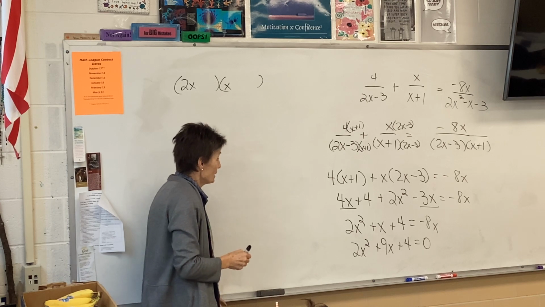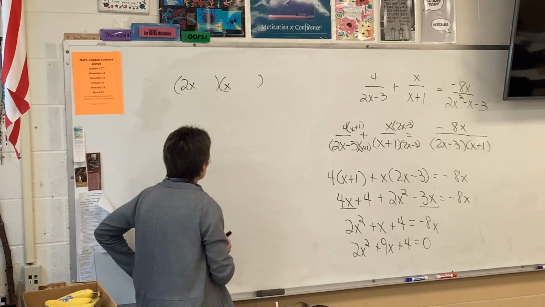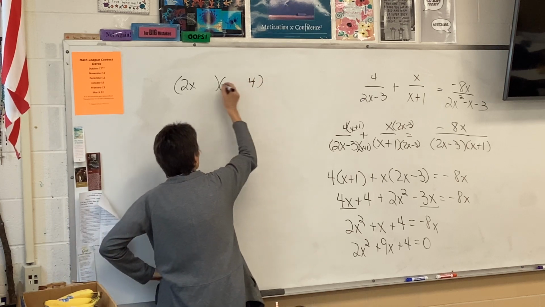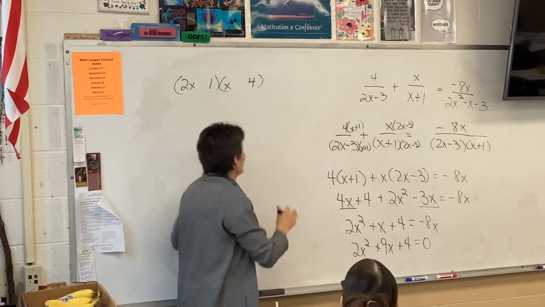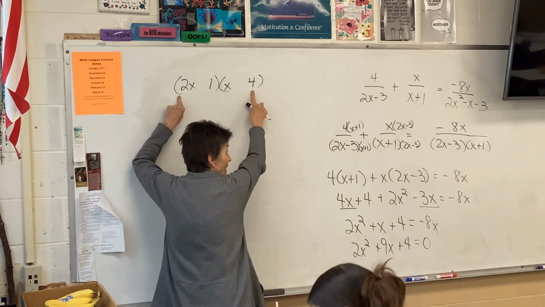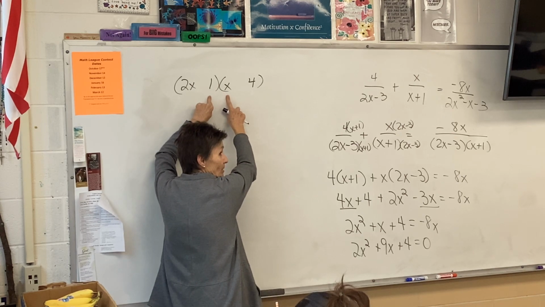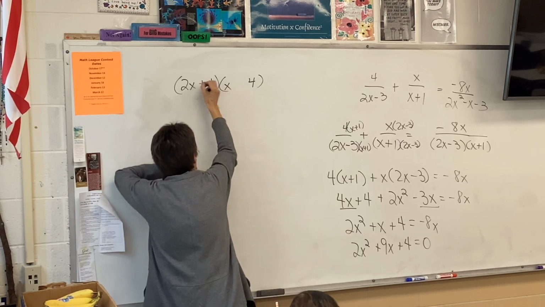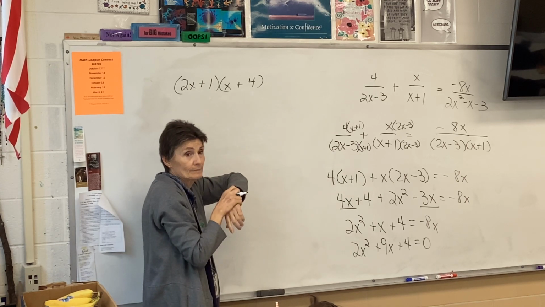And now I need a 9 in the middle, so what if I put a 4 here and a 1 here? Now that's gonna give me my 4. What happens on my outsides? 8. Insides are 1. And 8 and 1 adds up to 9.